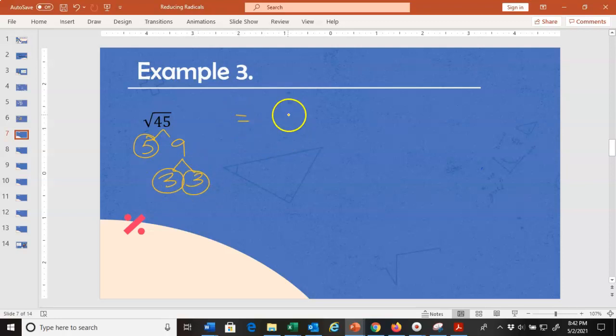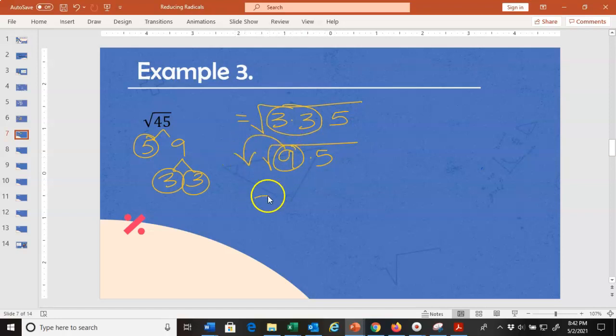So we're going to write all of our factors here, our prime factors. I usually just write them in order and group things together. And look, here we go. Here's our perfect square that lives inside of 45. It's 9. So let's go ahead and take the square root of 9 out. It is 3 because 3 times 3 is 9. And we have 5 left underneath.